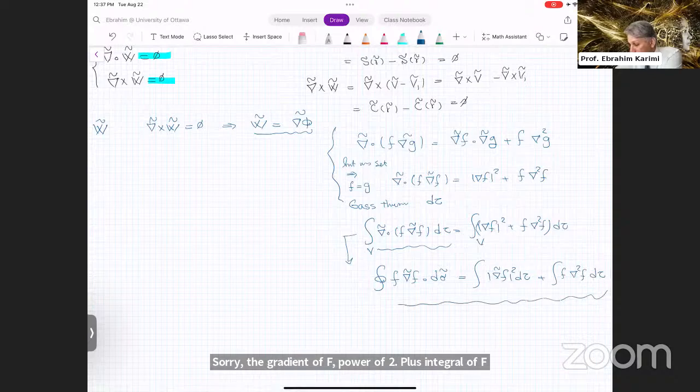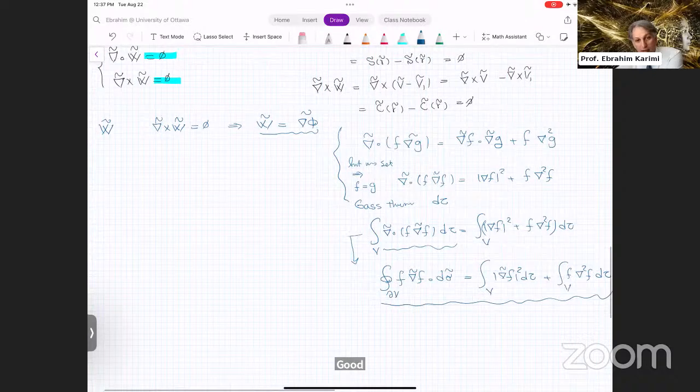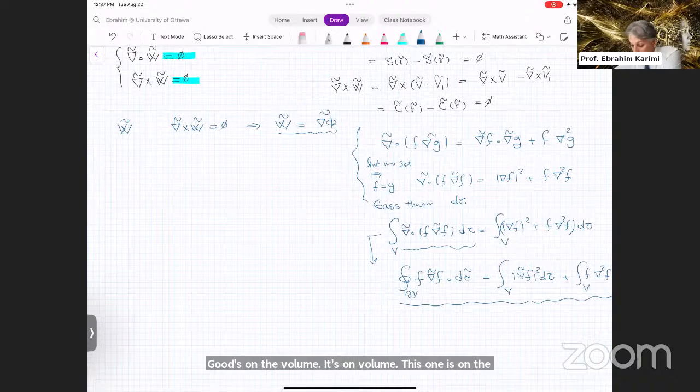So that was the equation that we had. That's on the volume, and this one is on the surface that the volume is created with, okay?